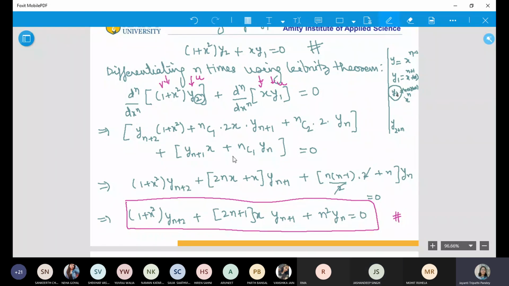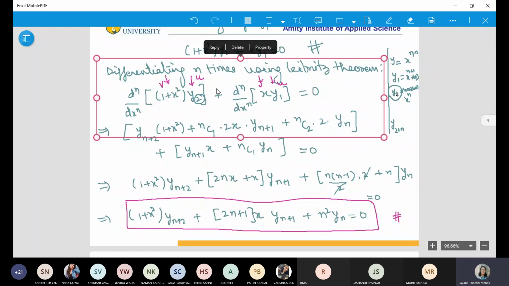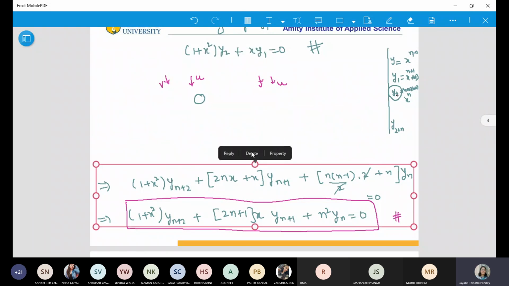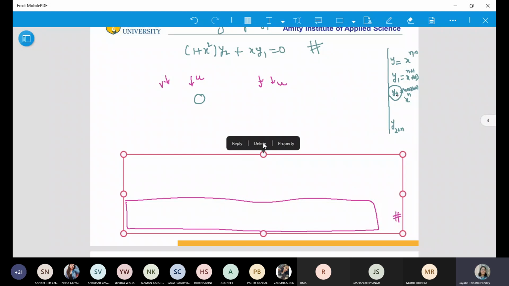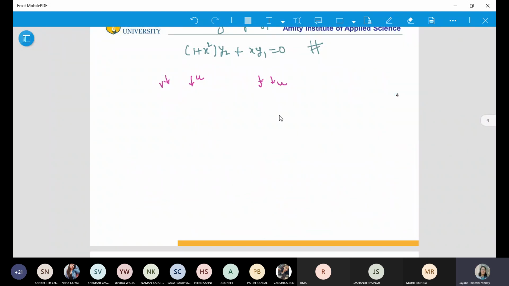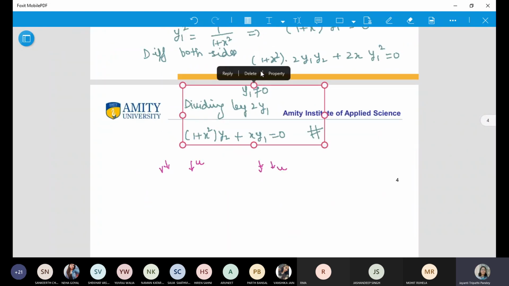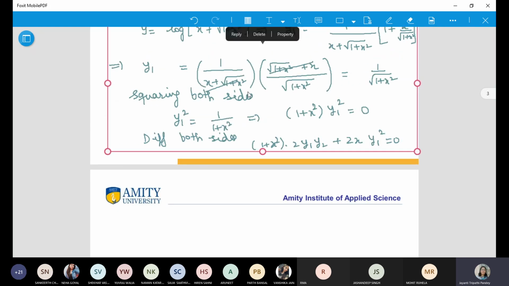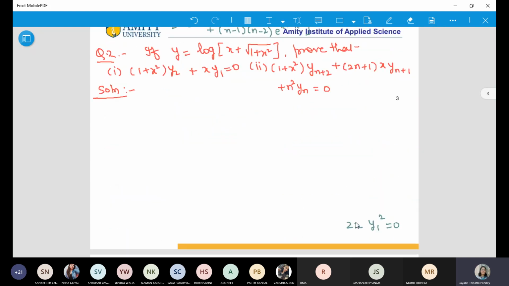Now let's take the next question. I hope the process is a little bit understood, if not much. Now I'm giving you the next question, just note it down.